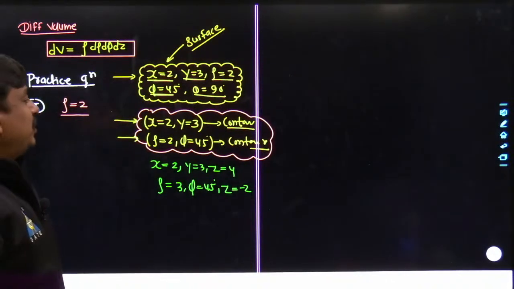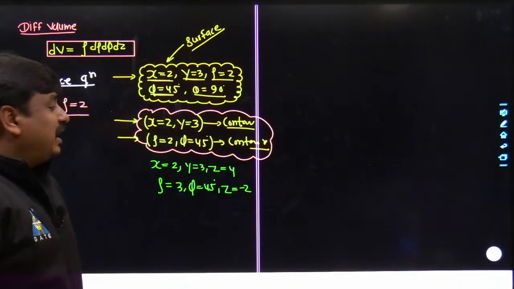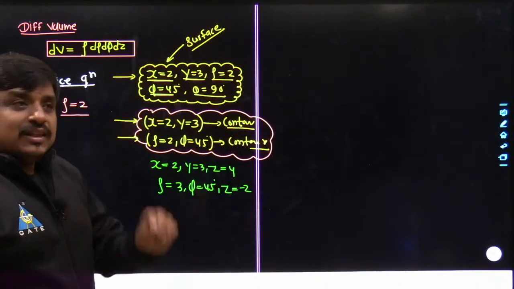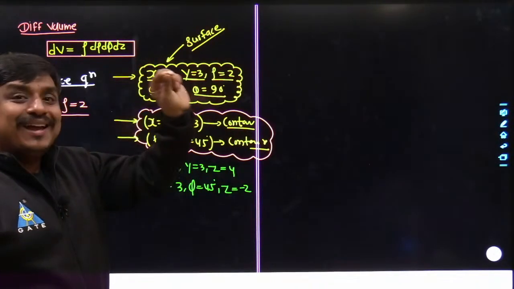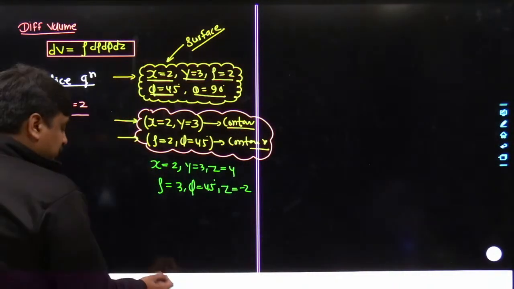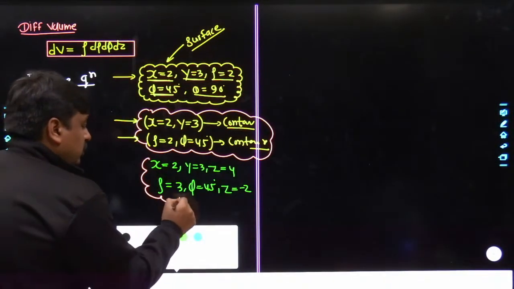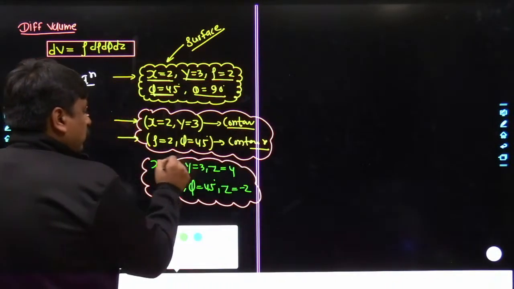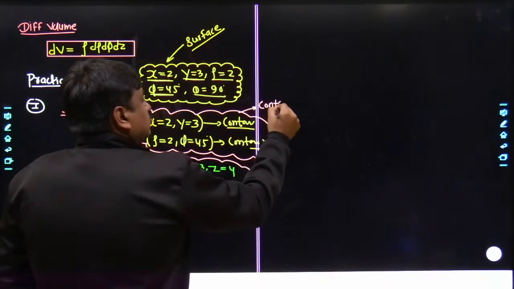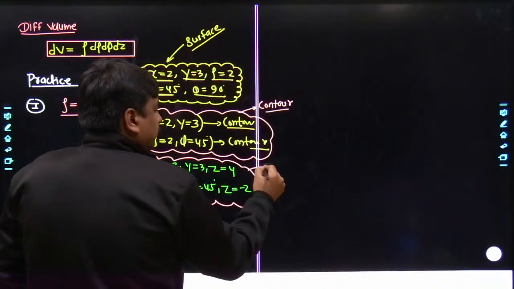That means none of the numbers has been left to float. They all have been fixed. That means you are located at a fixed, unique point in 3D space, and it indicates a point over 3D space. So one fixed number indicates a surface, two indicate a contour, and all three indicate a point.